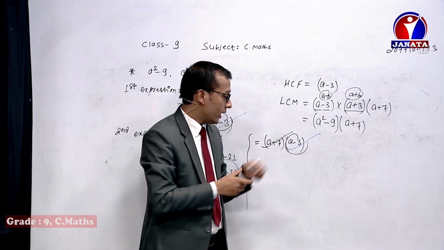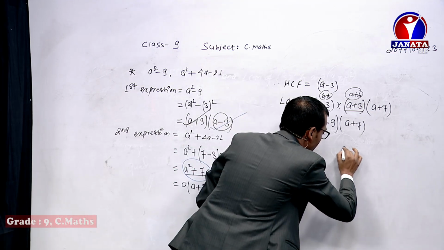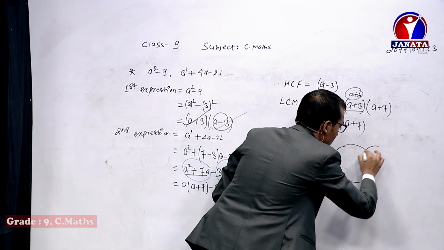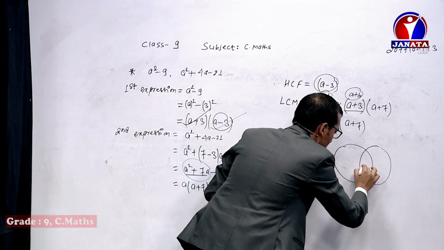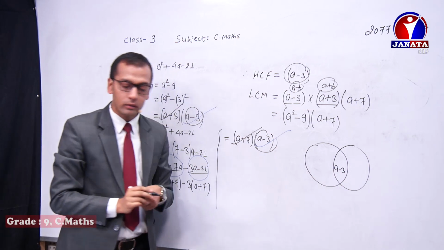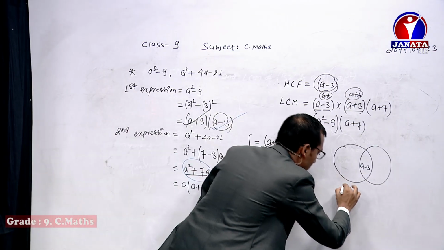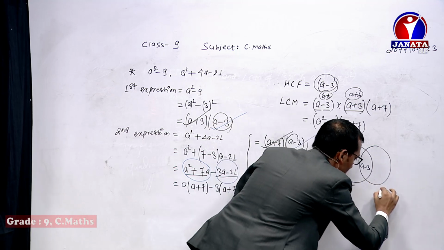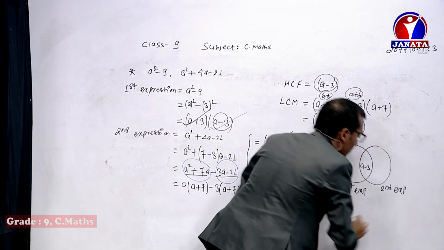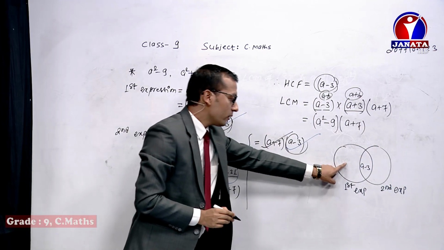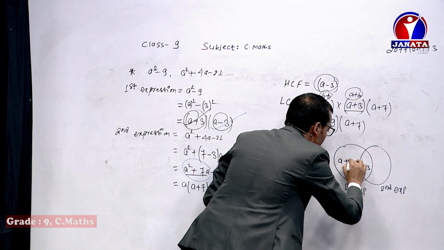If we want to understand this with the help of a diagram, this is not necessary, this is only for concept. What is the common factor? a minus 3. So a minus 3 is the common factor. What are the remaining factors in the first expression? This is the first expression and this is the second expression. In the first expression the remaining factor is a plus 3, we can write here a plus 3.